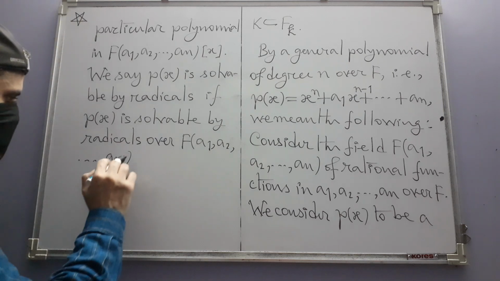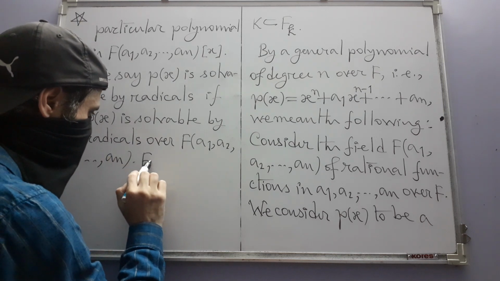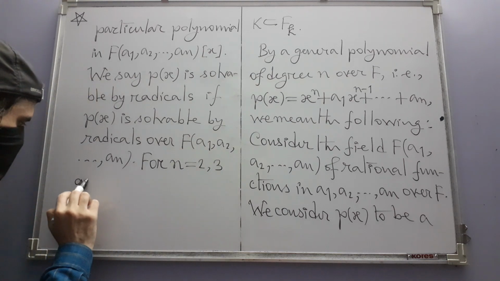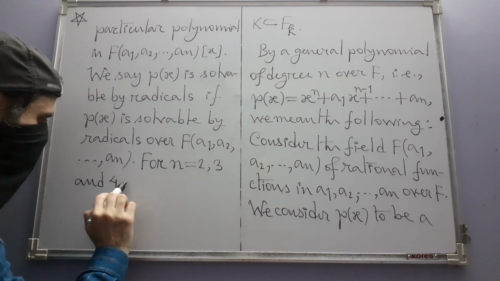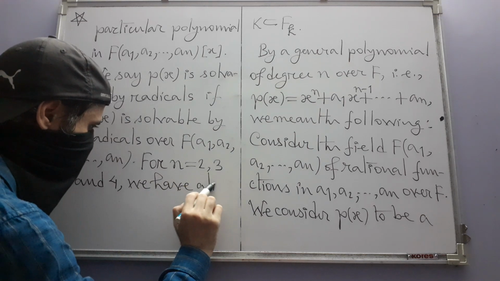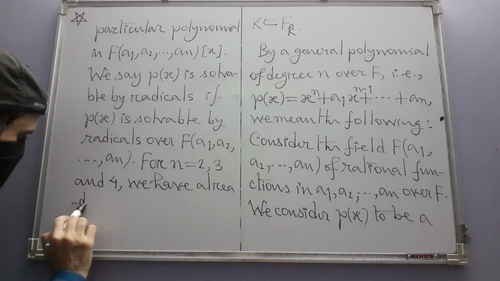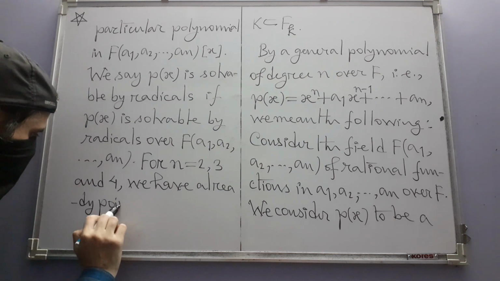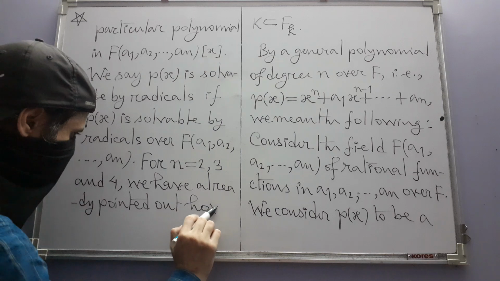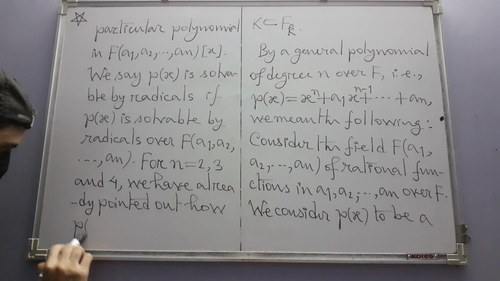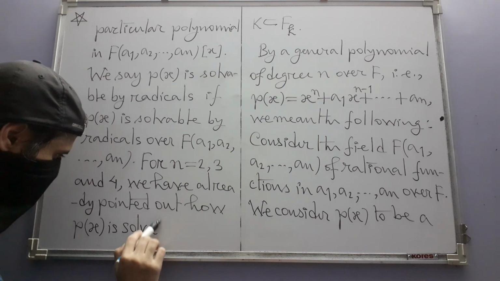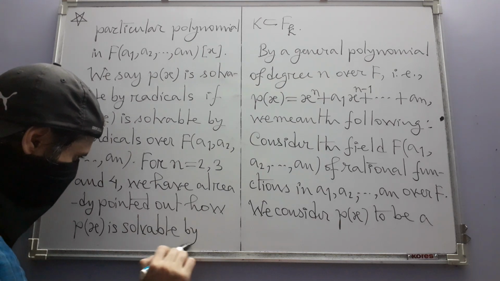However, let me just write: for n equal to 2, 3 and 4, we have already pointed out how P(x) is solvable by radicals.